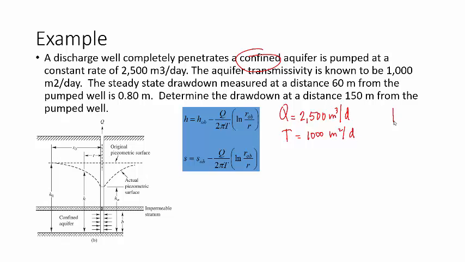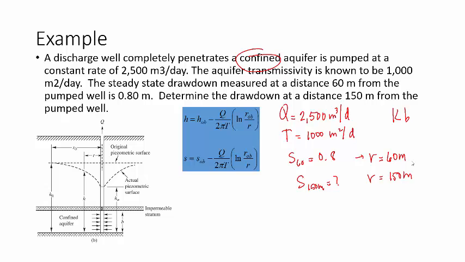Because remember, K in feet per day times B in feet is feet squared per day. The steady state drawdown measured at a distance of 60 meters is 0.8. The question is to determine the drawdown at a distance of 150 meters.